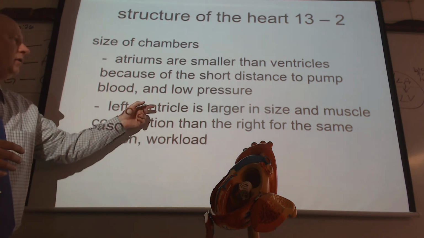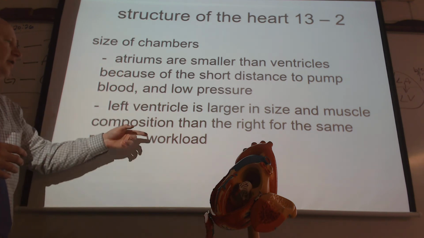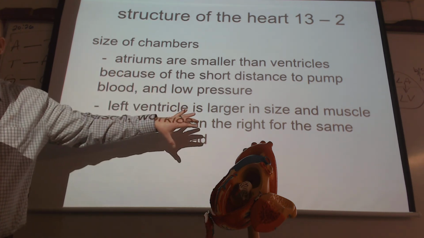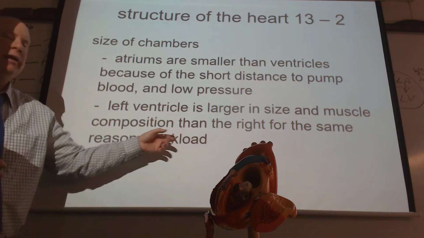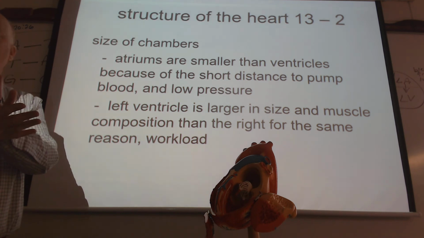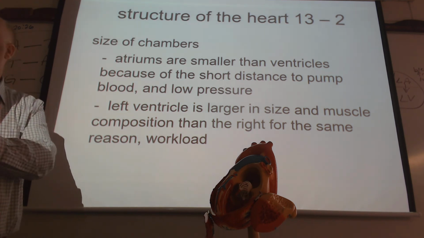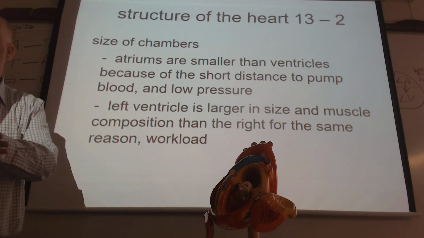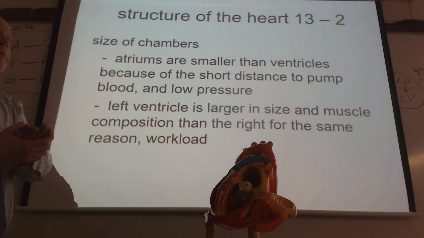This is larger than the right one, but why is the left side larger than the right side? We said the right ventricle sends blood to the lungs. The left ventricle, however, sends blood to where? The rest of the body. So that's why you have the systemic circuit and the pulmonary circuit.